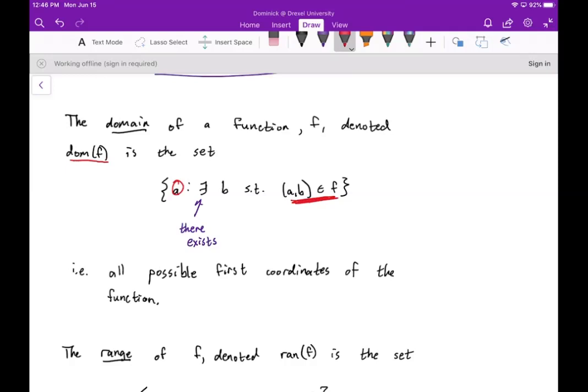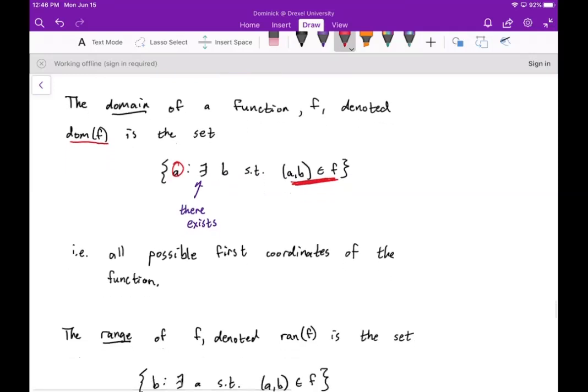And if you've never seen that backwards E before, that just means there exists. So the domain of a function is the set of all elements A such that there exists a B such that (A, B) is in your function. So it's what you can think of as all possible first coordinates of your function, such that a second coordinate, of course, is defined for it.